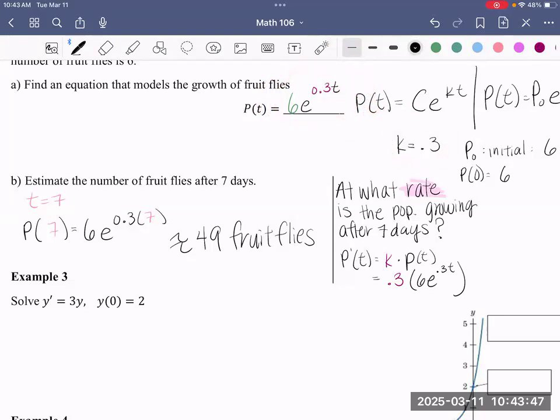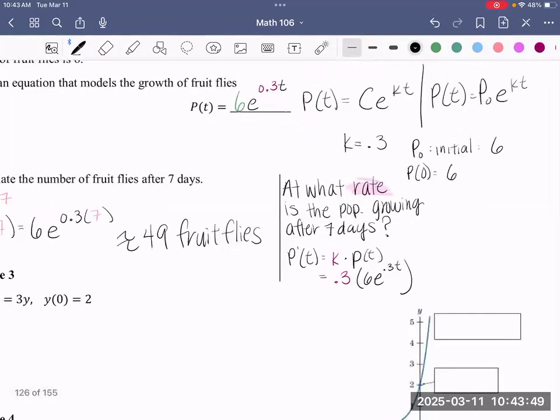So for our case, now we want to know after the 7-day time frame, so when t is equal to 7, we can go ahead and plug that in. P prime of 7 is 0.3 times 6e to the 0.3 times 7. Notice that I didn't bother simplifying because that's not what the question was asking. It wasn't derive and simplify, I just want to know what your rate was.